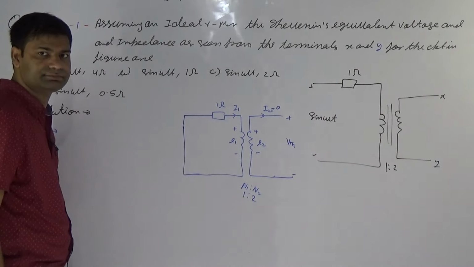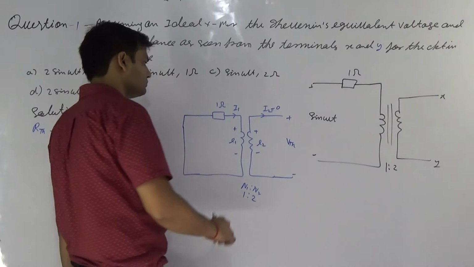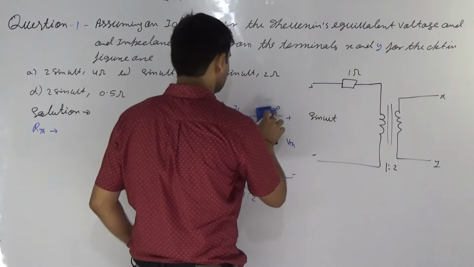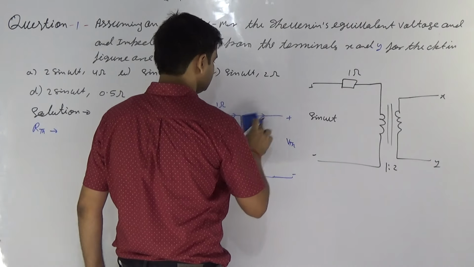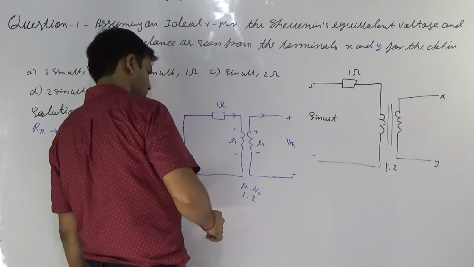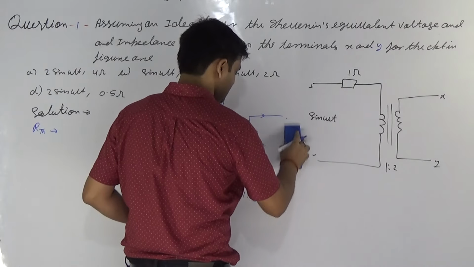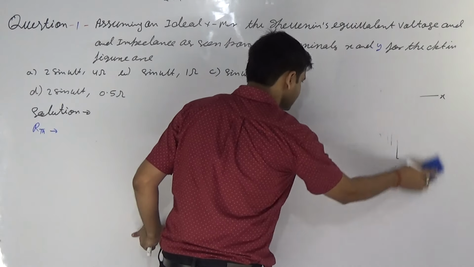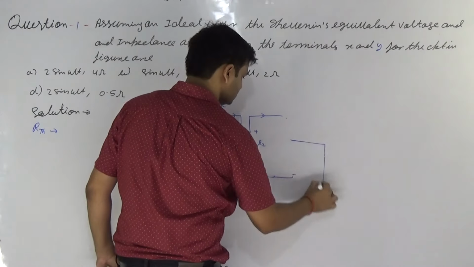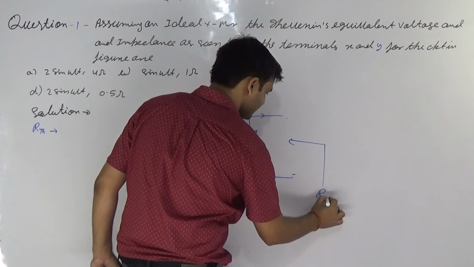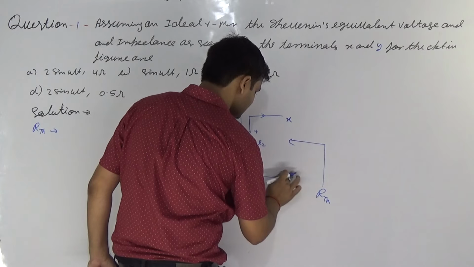This one, I1, I2. Now the circuit, this is RTH, this is X, this is Y.